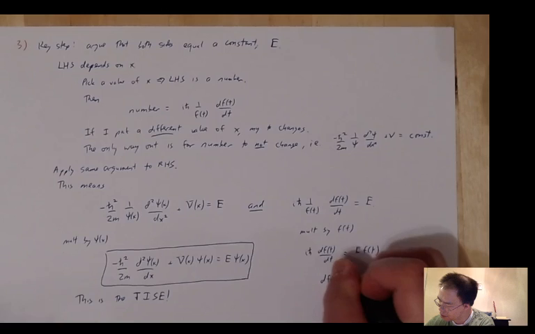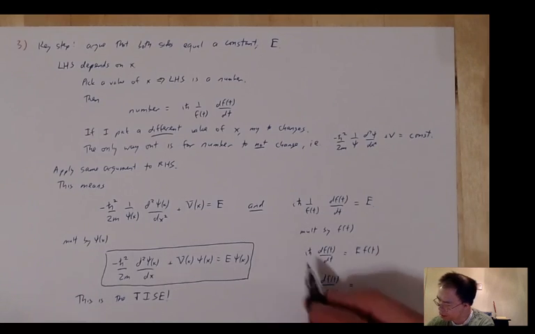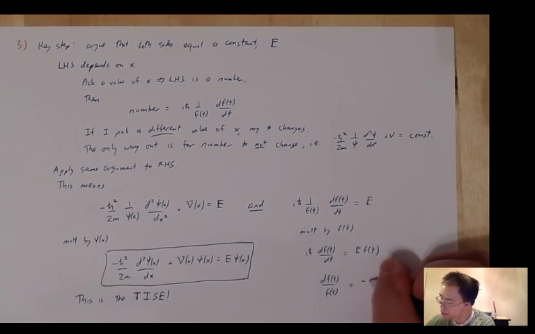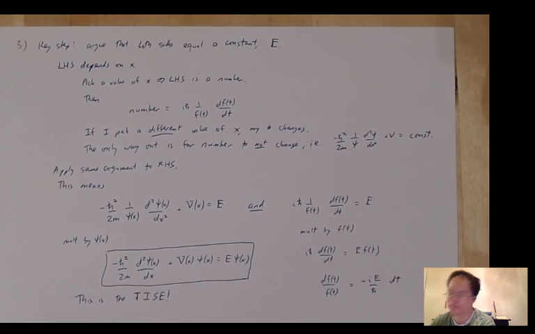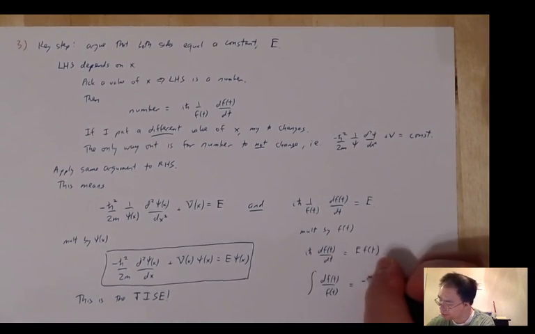So I get df of t divided by f of t equals, let's see, I'll multiply by minus i instead of dividing by i because that's prettier. I get minus i E over h bar dt. Okay, so you now know how to do this, so I just need to integrate both sides of this.